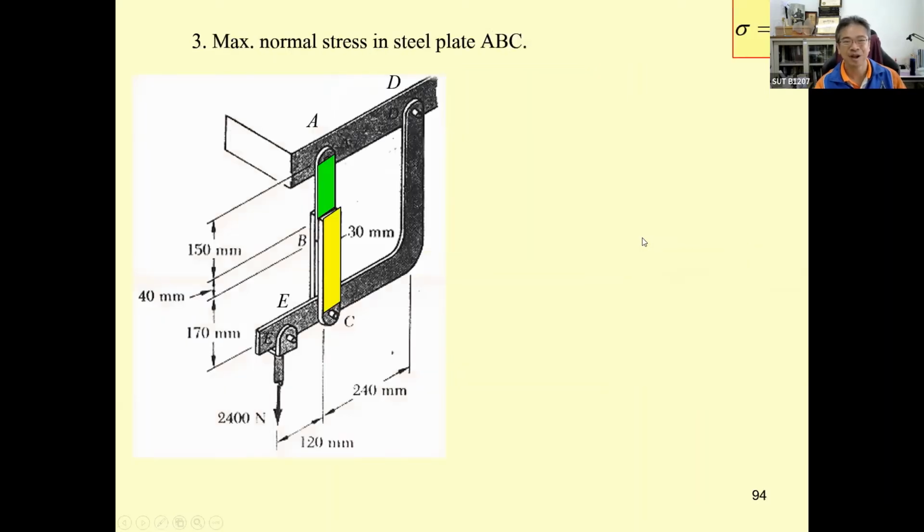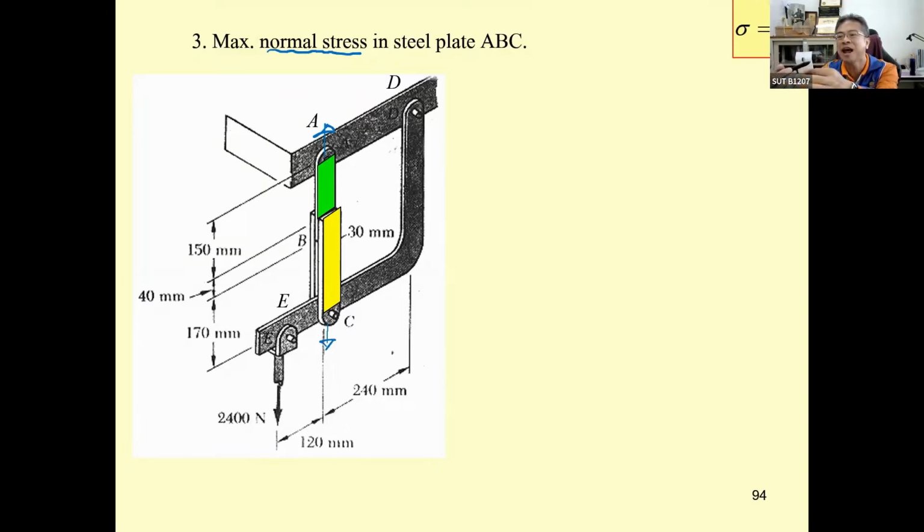Next, we come to the normal stress. Now, this member is going to be in tension. And again, by doing this, there are a number of things that you're going to consider. You're going to consider the stress for the green one that occurs over here.